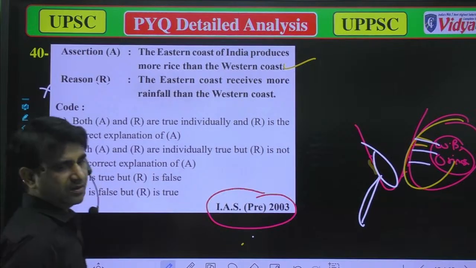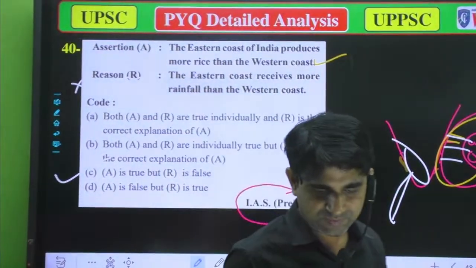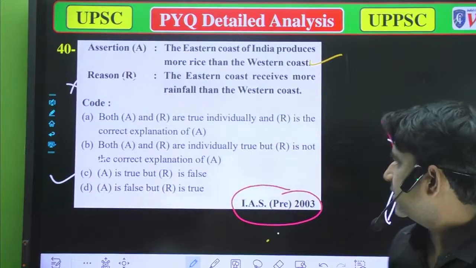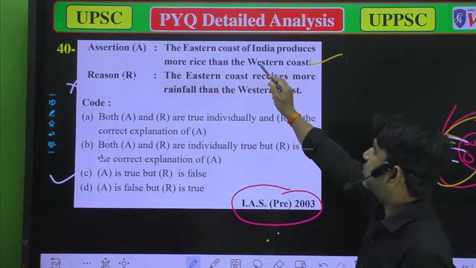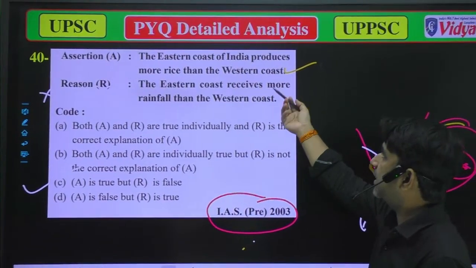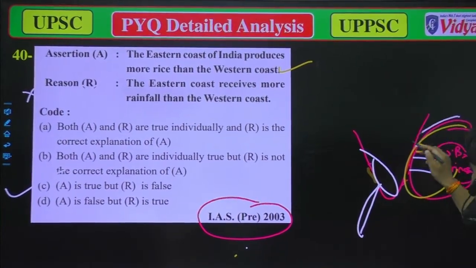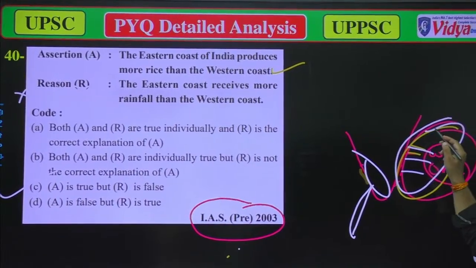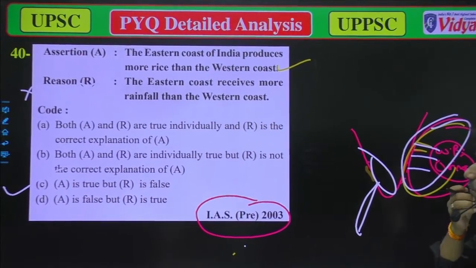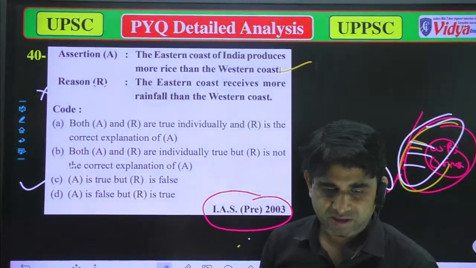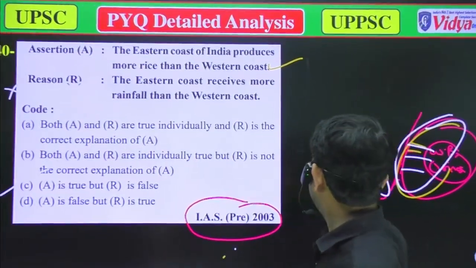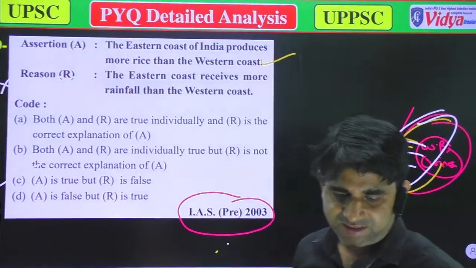Not option D, because A is true. Eastern coast of India produces more rice, yeah, that's true, because that area produces more rice. But when we talk about the rain, that area will not get the maximum rain. So that's why I'm saying that this question was tricky.